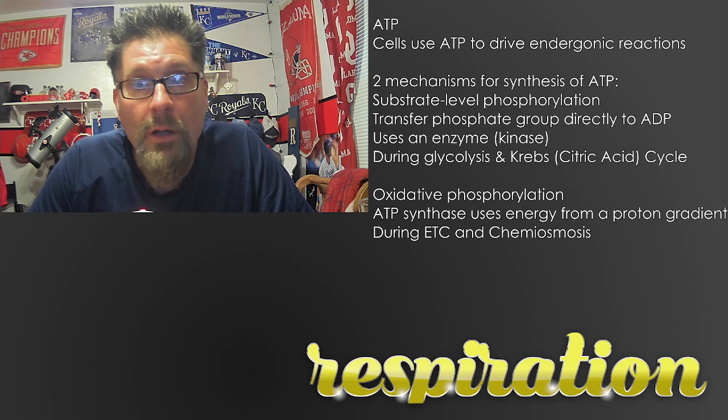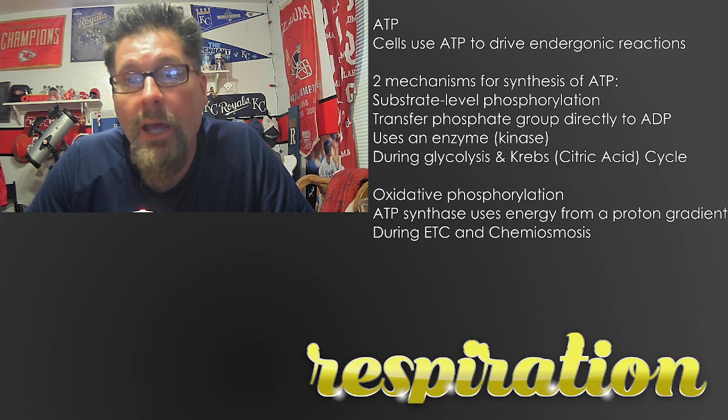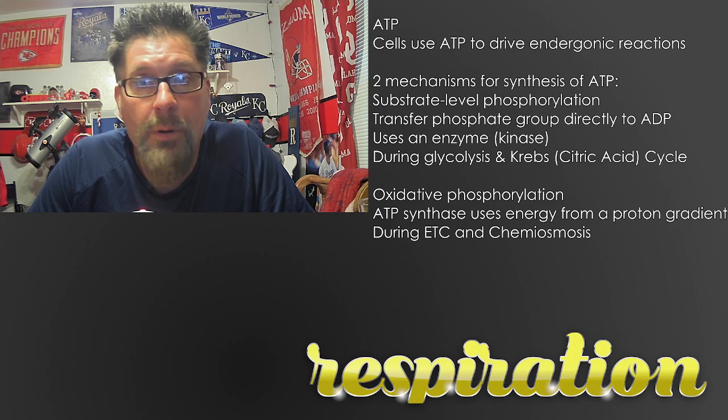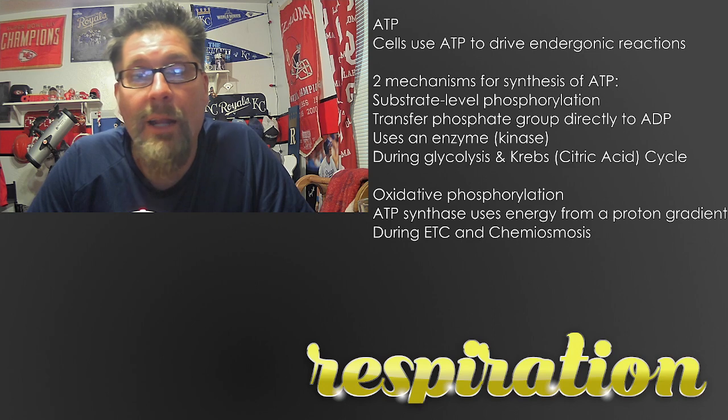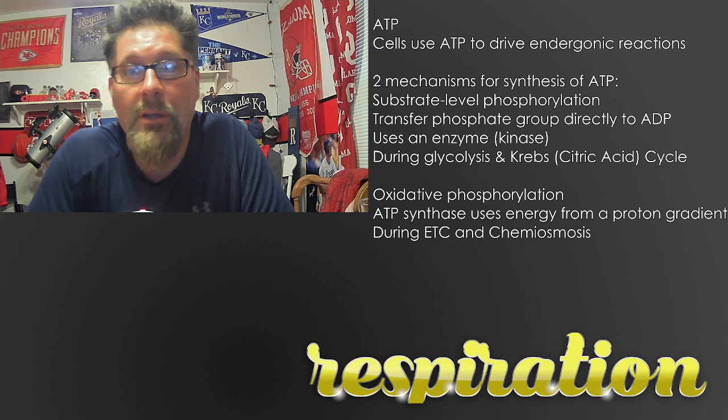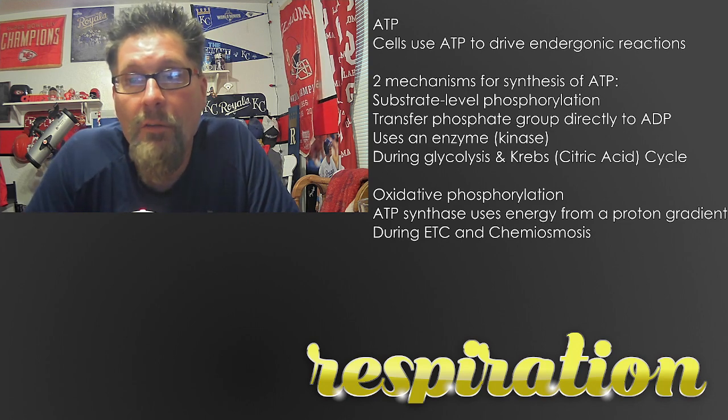The other way ATP can be made is oxidative phosphorylation, and that is from the H's going through the ATP synthase protein, and that happens during the electron transport chain and chemiosmosis. So we'll see a bunch of substrate level phosphorylation, and then when we get to the ETC, we'll see oxidative phosphorylation.